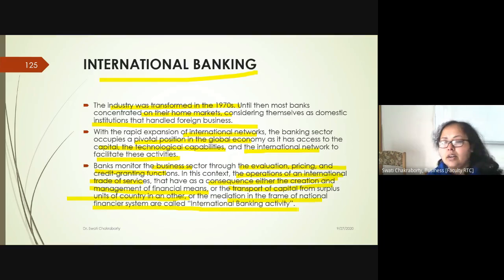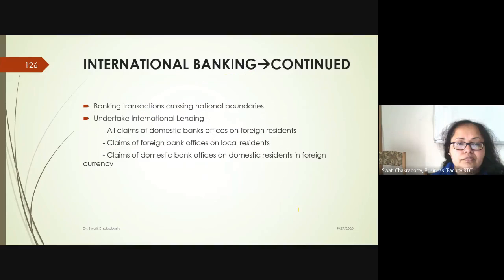Today they are involved not just within the banking system within the country, but they actually have access to the international system also. They can operate, they have access to all the information. And the banks are actually interlinked, right? So today it's called international banking activity.